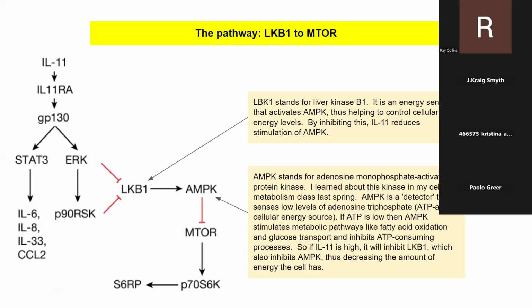And if ATP is low, then AMPK stimulates metabolic pathways like fatty acid oxidation and glucose transport, and inhibits ATP consuming processes. So if IL-11 is high, it will inhibit LKB1, which also inhibits AMPK, thus reducing the amount of energy that a cell has.